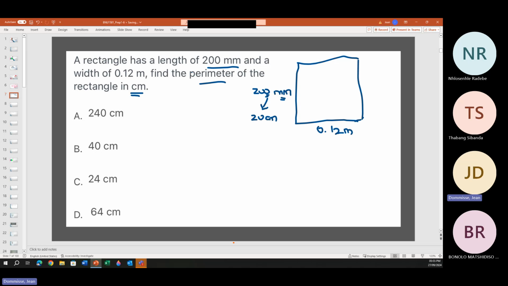So if we have 20 centimeters and we need to work out the perimeter, remember, it is 2 times length plus breadth. So we can already put the 20 centimeters into the one area.